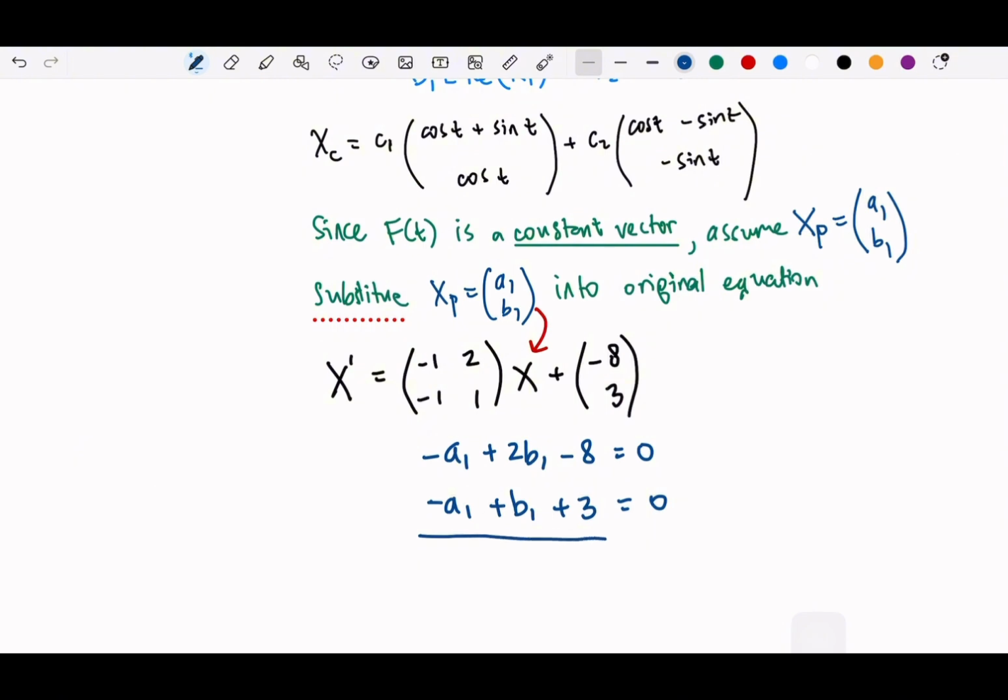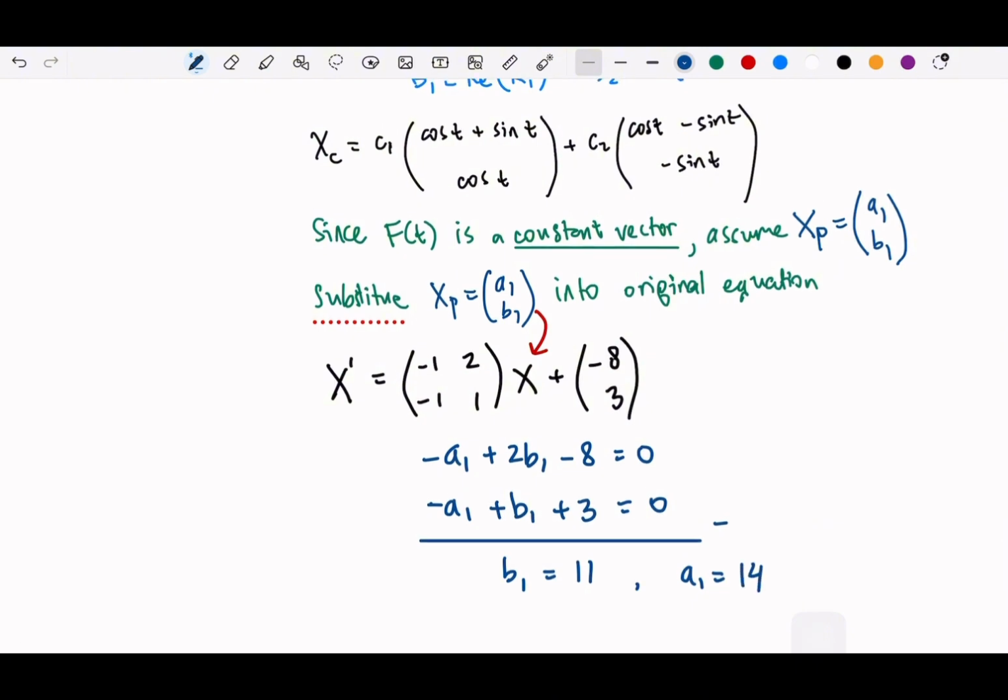So we can probably subtract. So b1 is negative 11, or 11 if we put it on the right side. And a1 will be 14, right? 14. And so this is our particular solution.